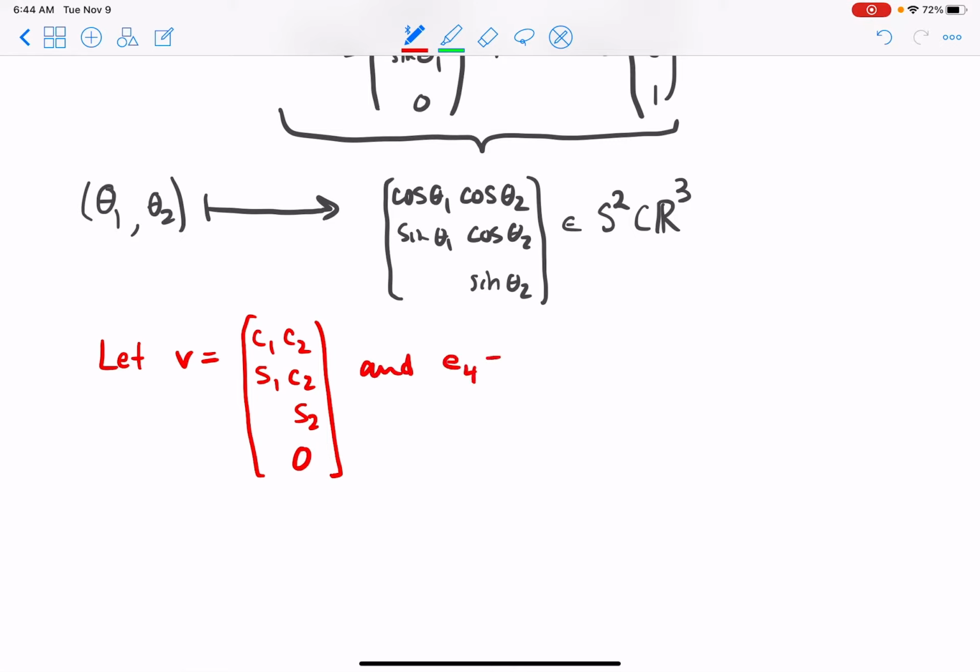And the fourth dimension is in this direction. And rotate by theta 3, a new variable, theta 3.